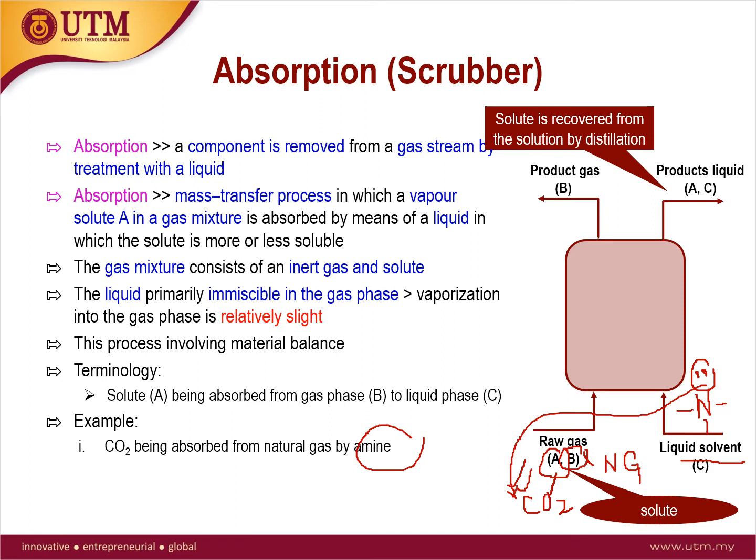Then the liquid solvent that is enriched with the solute A is being removed from the scrubber. And then the raffinate product that consists of the components that have low affinity to liquid solvent C still remains in the natural gas B and will be removed as a raffinate layer or raffinate product.